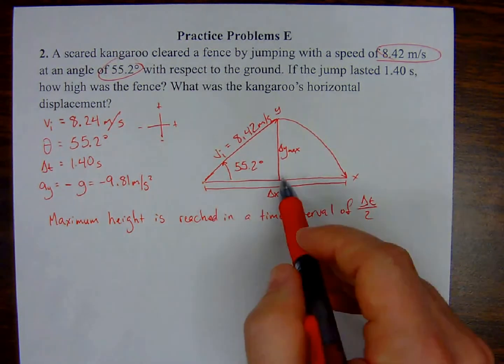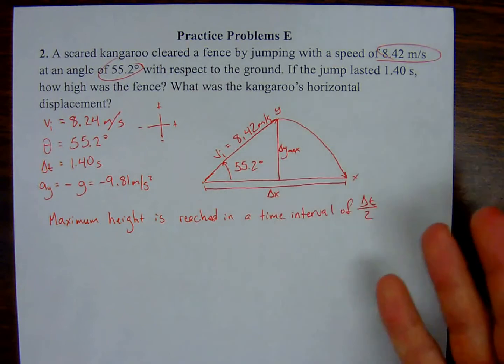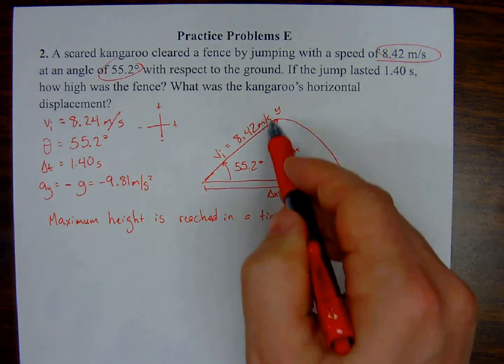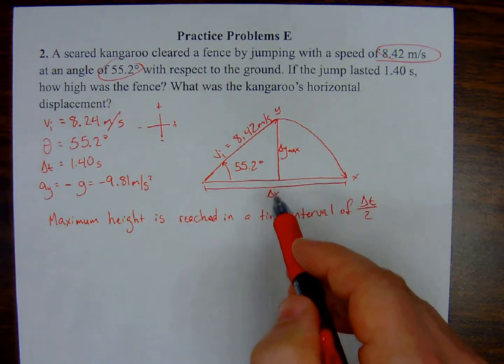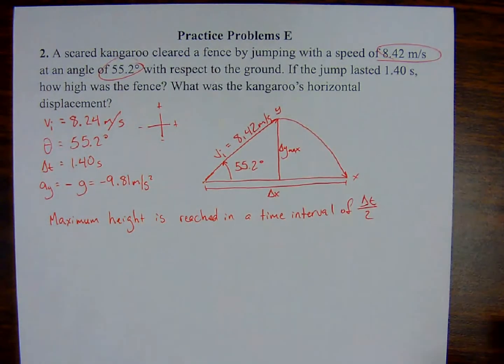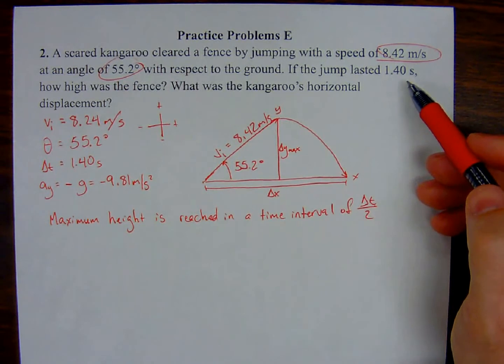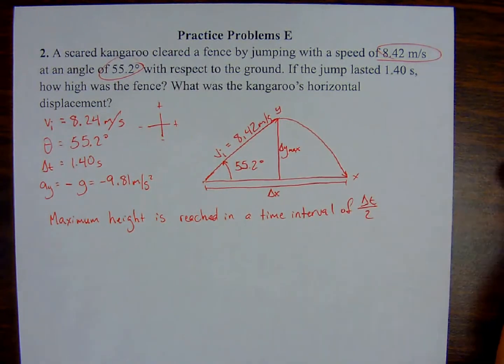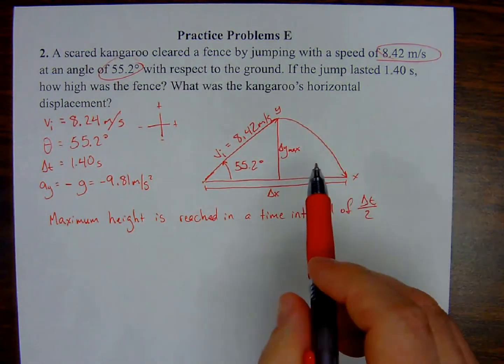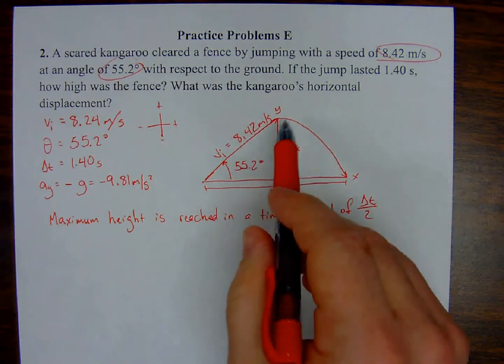But the peak of that parabolic motion happens at half that time. So when we use our kinematic equation, we have to make sure that we're using half that time.